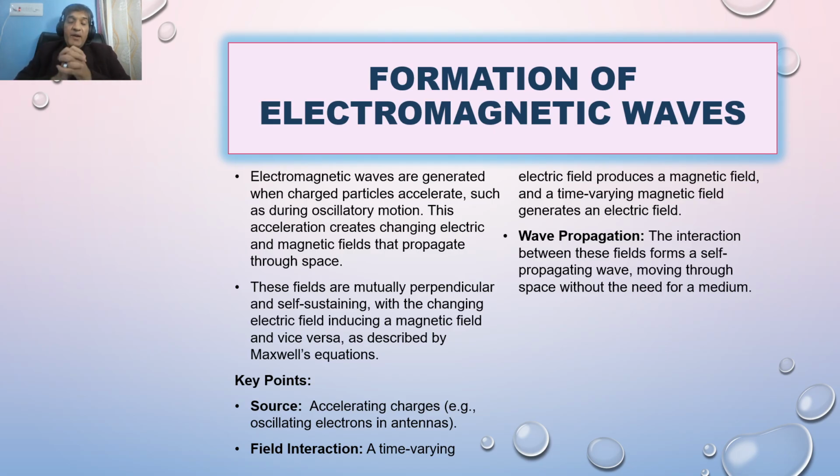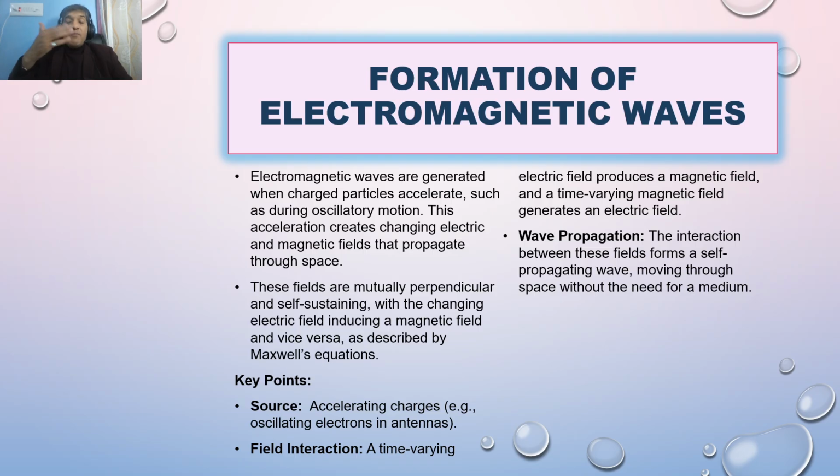So the basic requirement for the production of electromagnetic waves is this: a charge which is at rest may produce an electric field, may produce a magnetic field, but it doesn't produce an electromagnetic wave. Only a charge which is oscillating, or in accelerating motion, or a charge moving in a circle with uniform speed.